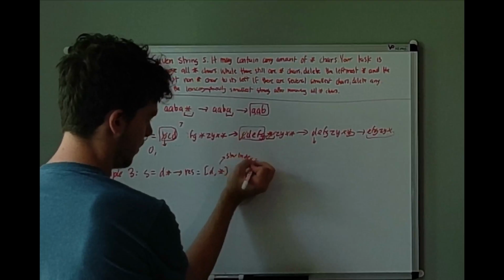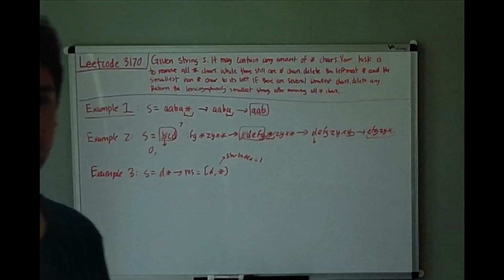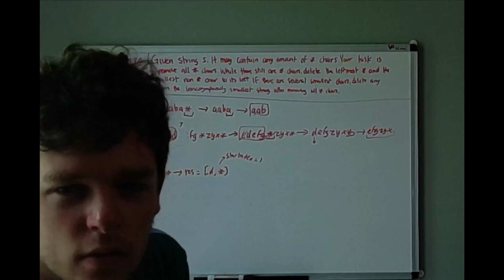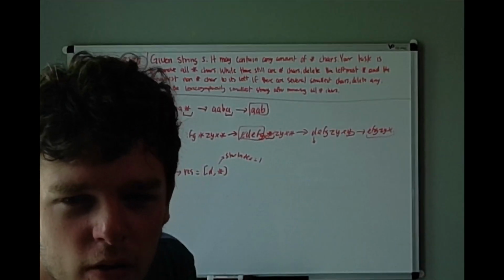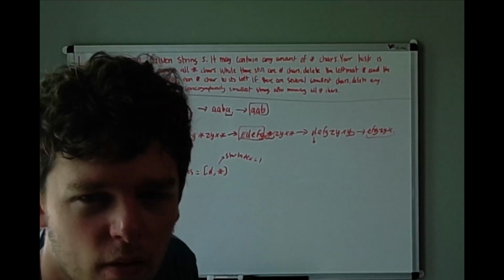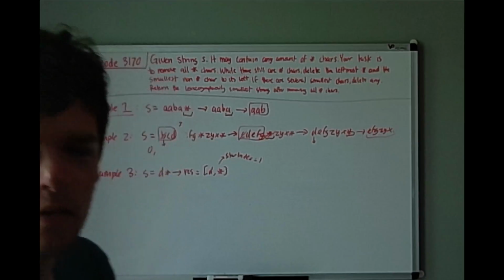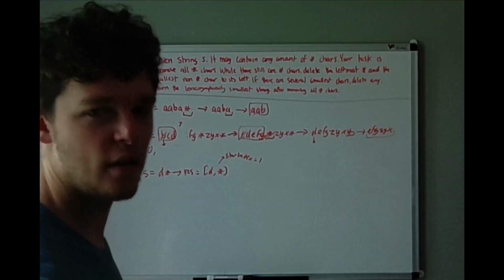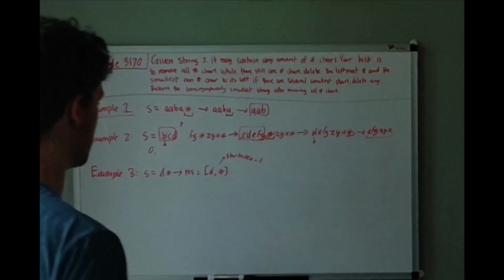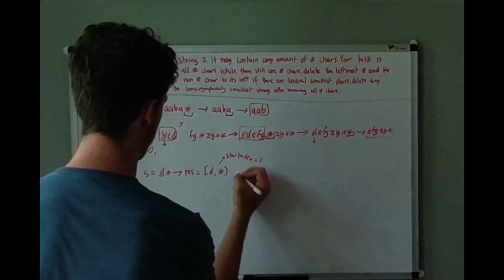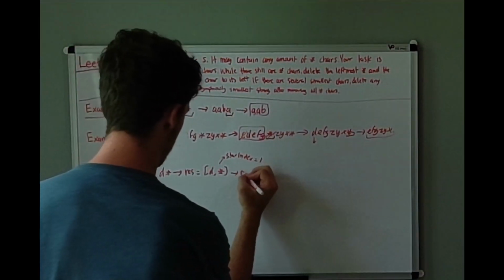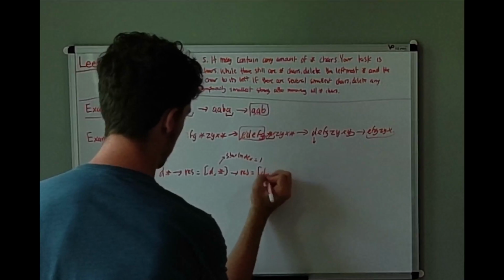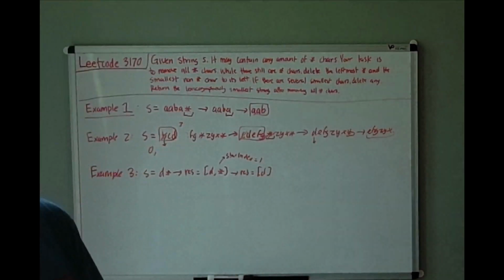So star index equals 1. Then we pop. Then we just delete the character, the star. So now result equals, everything that's left is D.